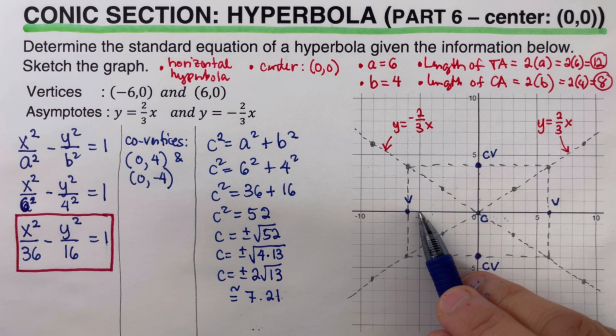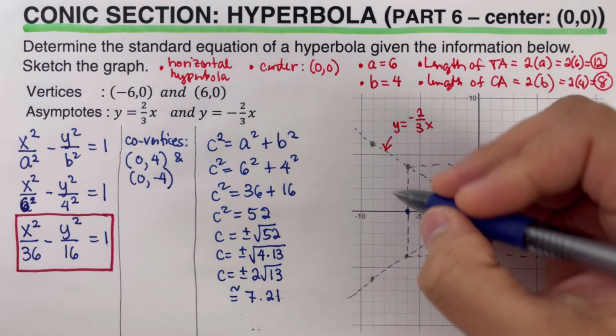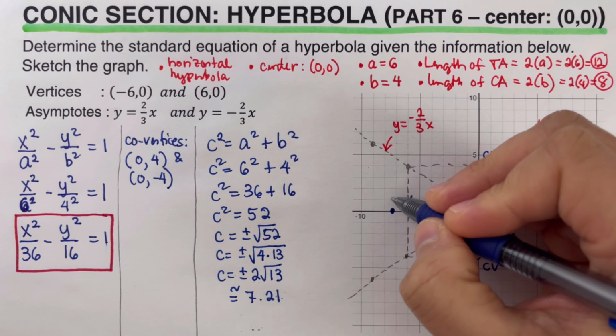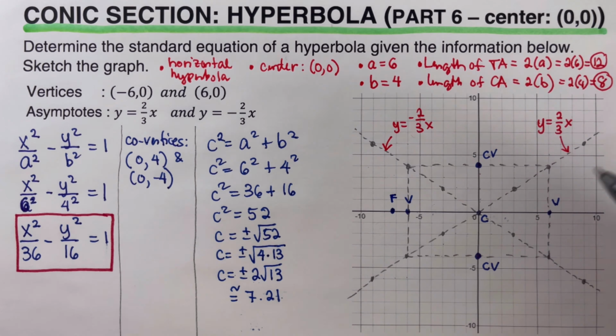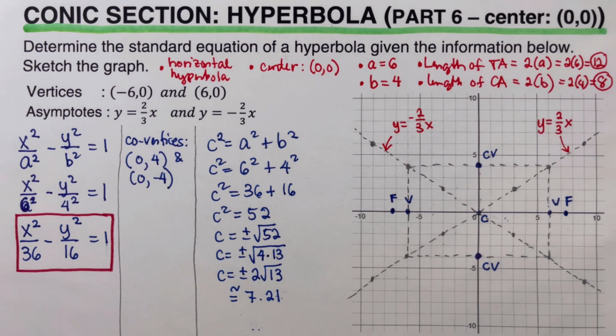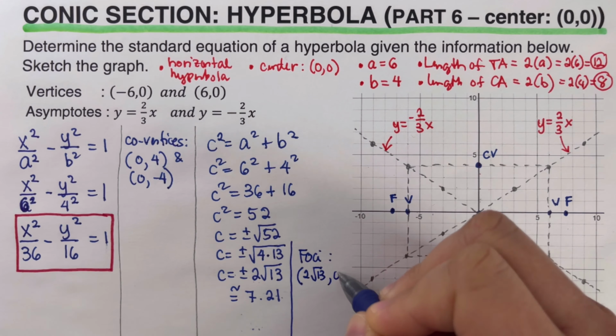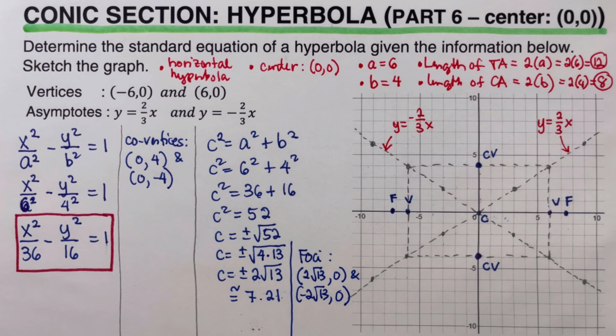So that's negative 5, 6, 7.21 should be somewhere around here. This is our first focus. The other focus would be 6, 7.21. This is the other focus that we have right there. So we can write the coordinates of the two foci. From here, we can sketch the hyperbola.